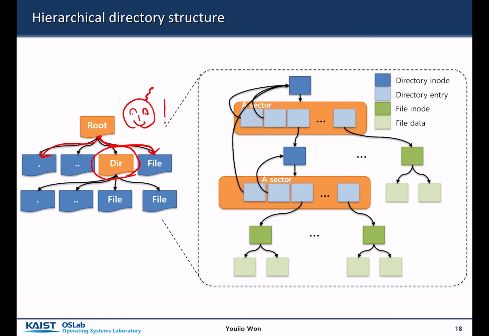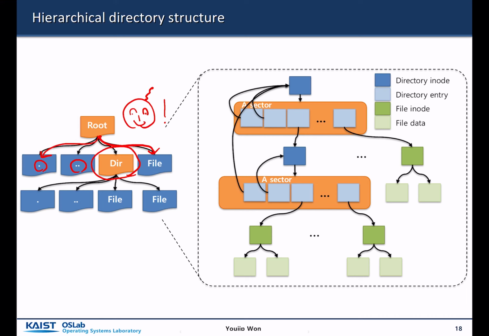So a directory contains regular files as well as directory files. The important thing is that when there is a hierarchical directory structure, there are two pre-allocated directory entries in every directory, which are the current directory and the parent directory.